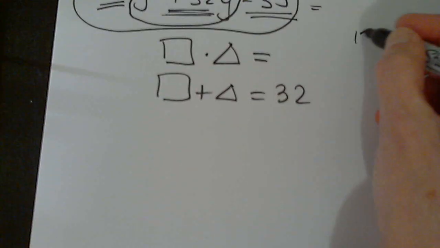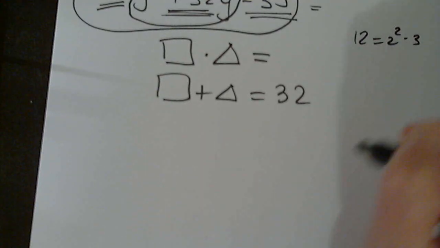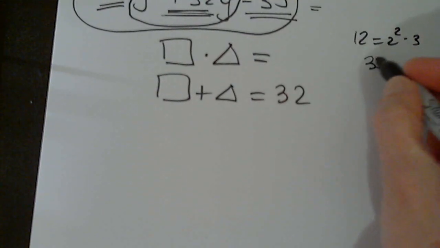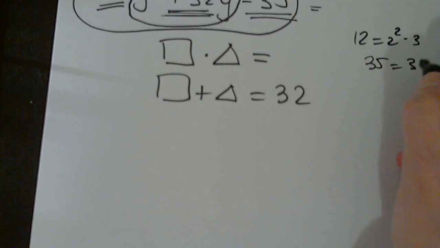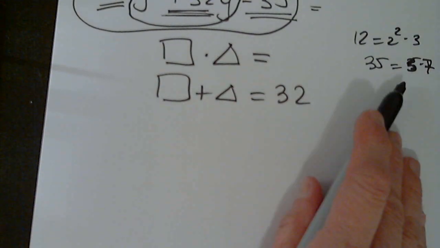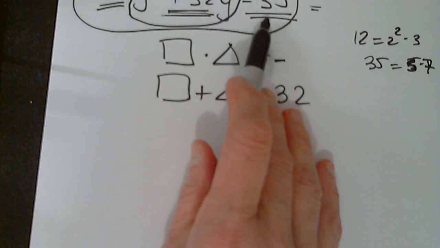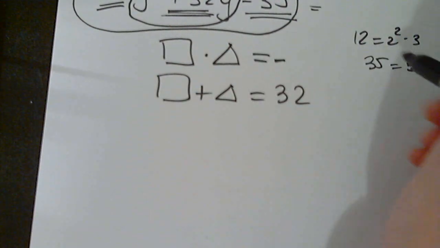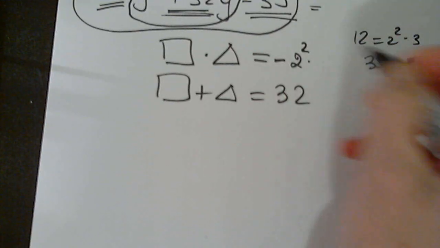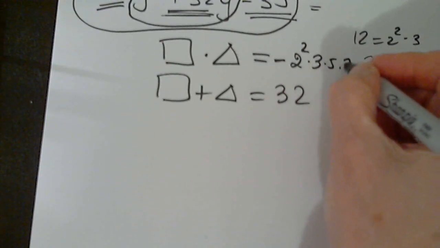12 is 2 squared times 3. 35 is 5 times 7. I'm going to write here the factors. Of course, negative, because 12 times negative 35 will be a negative number. But I will have 2 squared times 3 times 5 times 7.